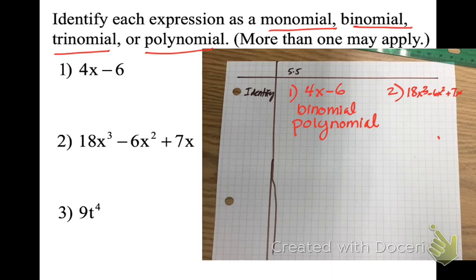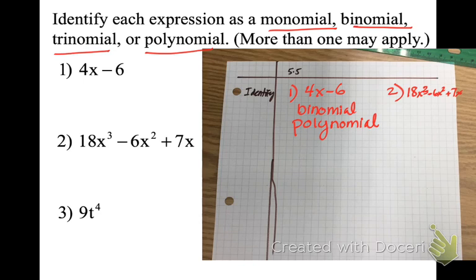Okay, who can tell me? Amani? Is that negative 6x squared? Yep. Okay, so it's monomial? Monomial is one term. How many terms are in this? It was 3. Okay, so what is it?